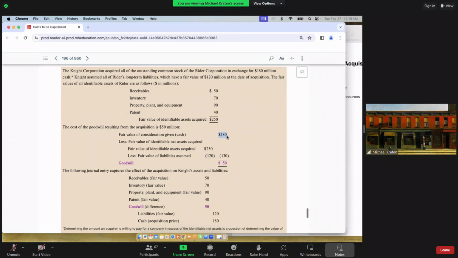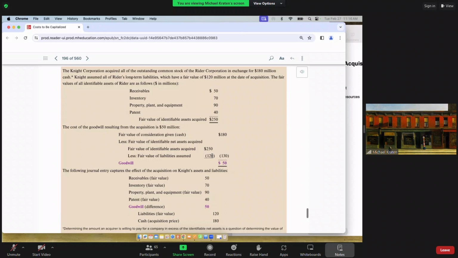Let's say I actually agree to pay the owners of the company 180. Well, then the question is, why am I paying 180 for a company that's only worth 130? Well, there could be many different reasons, and many of them have nothing to do with goodwill. And if they don't have anything to do with goodwill, then what I am about to say is not relevant. And so someone might say, well, I really should only be spending 130, but if I don't buy this company, my competitor will.